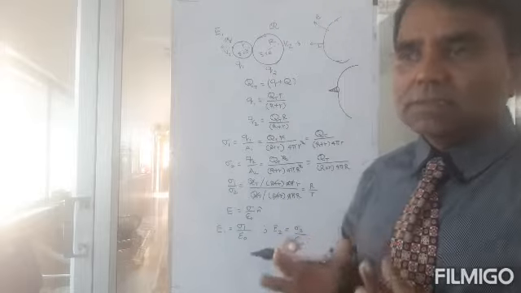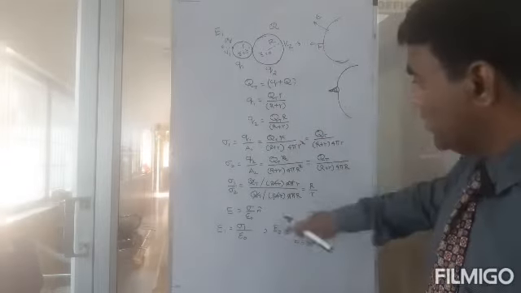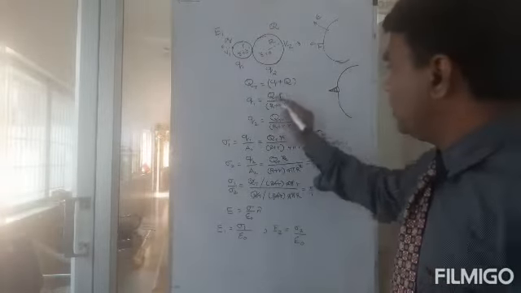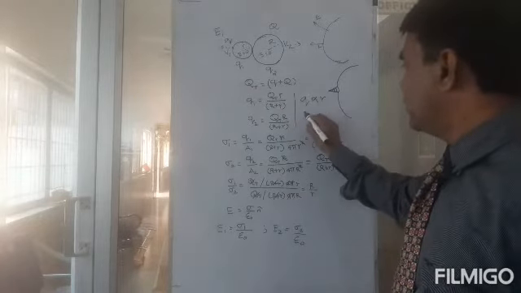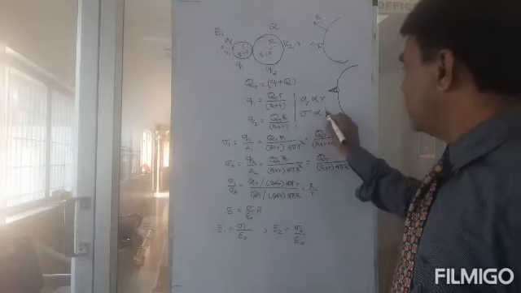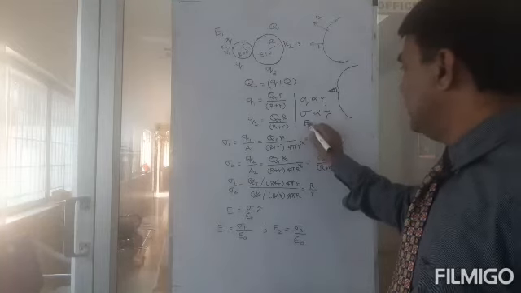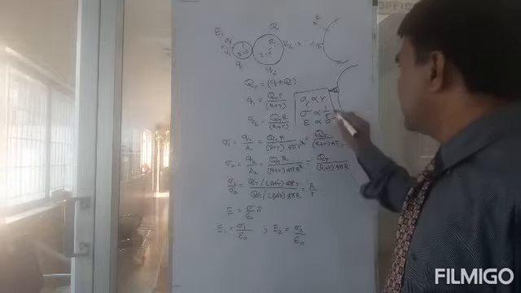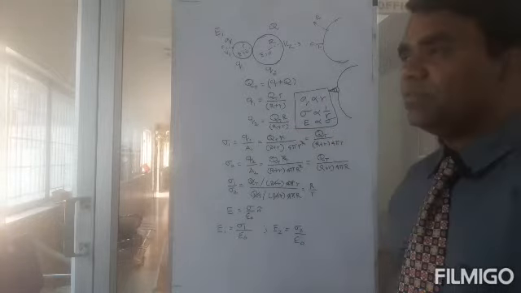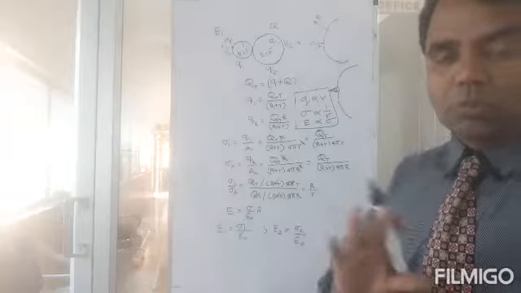But these equations are very important for you. So Q is proportional to R, sigma is proportional to 1 by R, and E is proportional to sigma. So keep this, and that is what we found out. Hope it's clear to you.